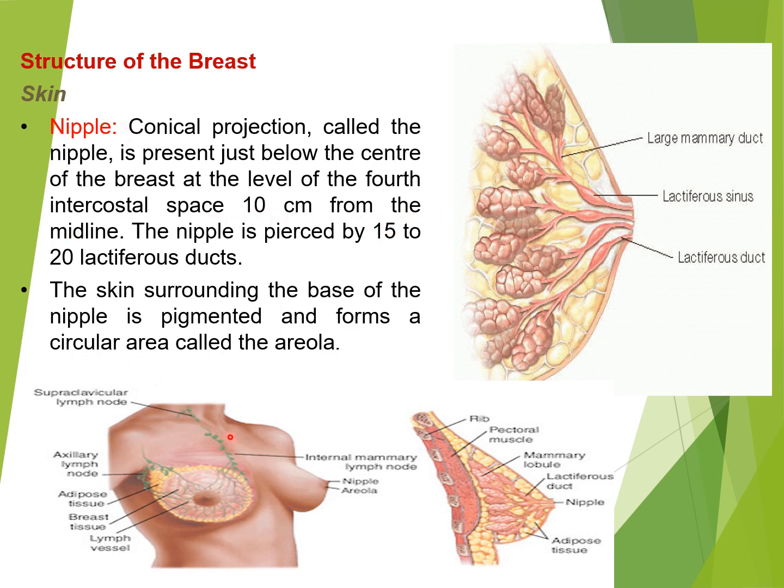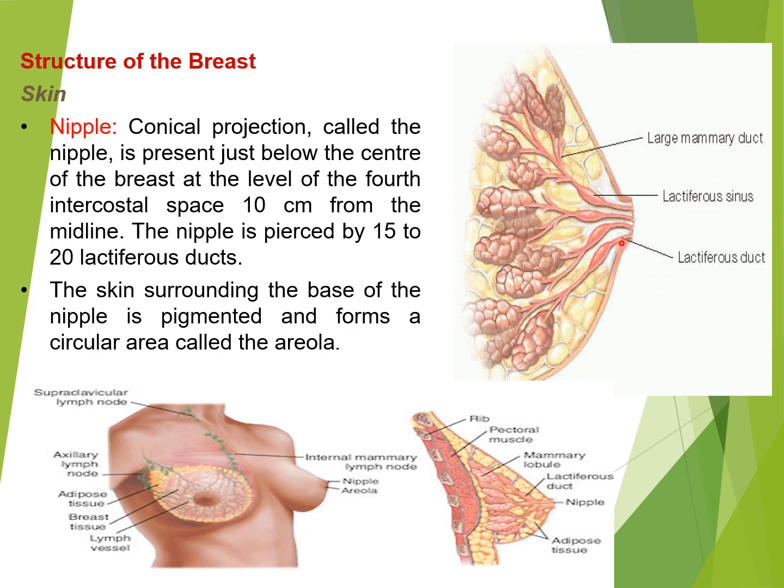This nipple is pierced by 15 to 20 lactiferous ducts, as you can see in this image, and it contains circular and longitudinally disposed smooth muscles.